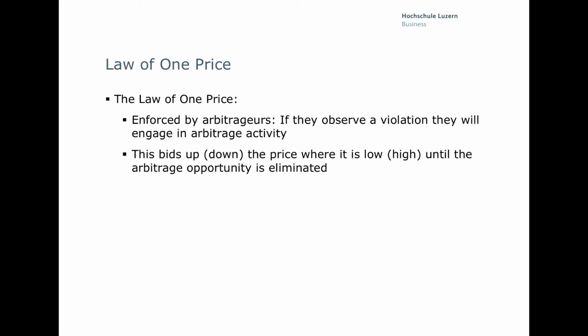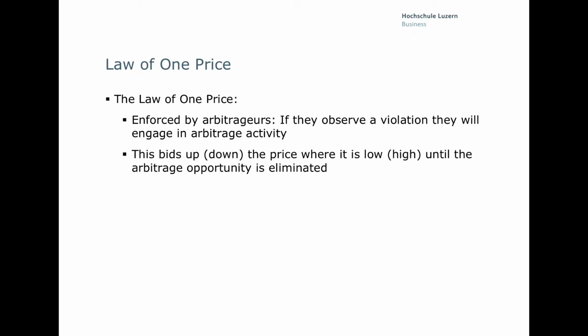The law of one price states that if two assets are equivalent in all economically relevant respects, then they should have the same market price. The law of one price is enforced by arbitrageurs.